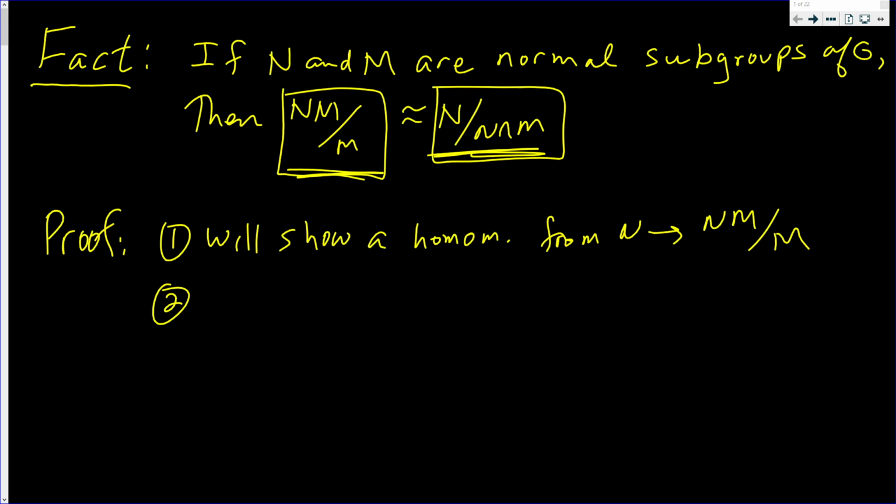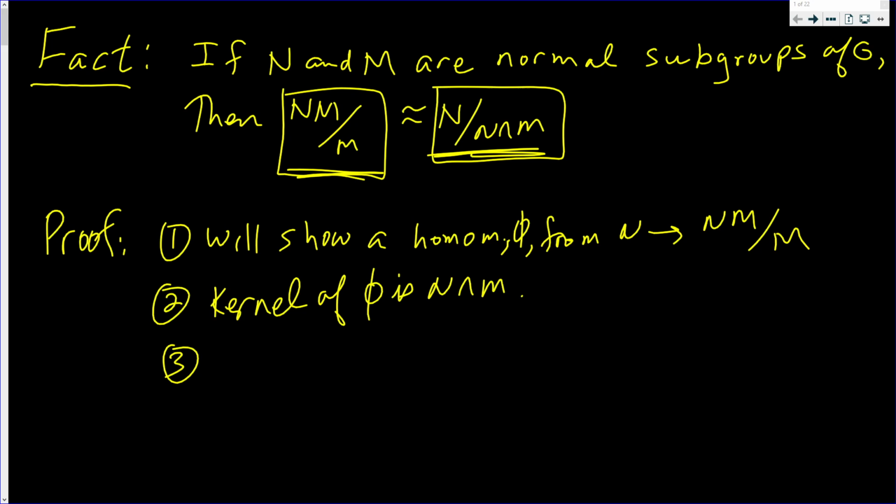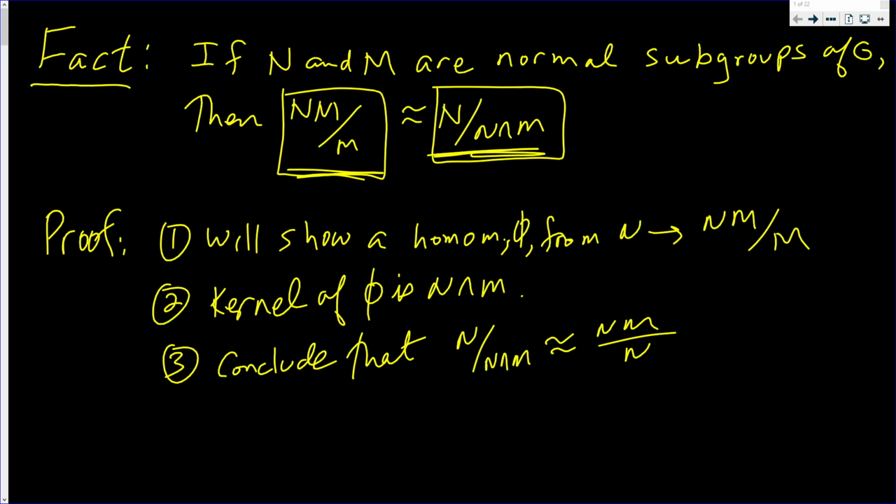Number 2, we'll show a homomorphism phi, and we will show that the kernel of phi is in fact N intersect M. And step 3 is simple: we'll conclude that N mod N intersect M is in fact isomorphic to NM mod M.